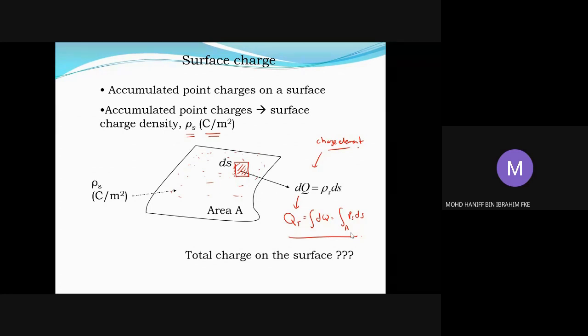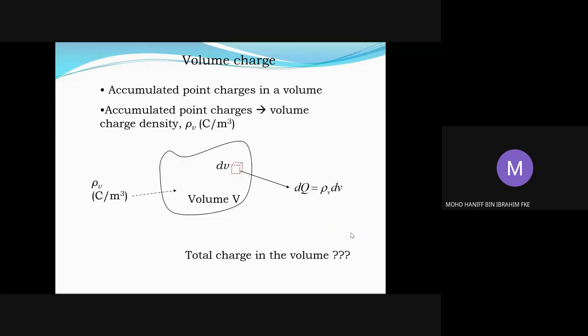Right, and we come up with the fourth type of charge distribution, which is the volume charge. Previously we had the point charge, the line charge structure, then the surface charge structure, and the last one will be the volume charge distribution. Similarly, the volume charge distribution is formed by accumulation of point charges in a volumetric structure.